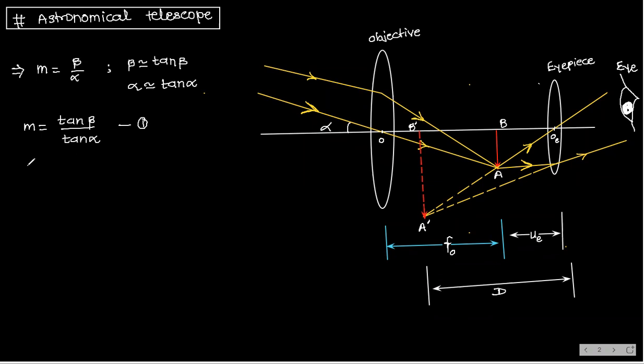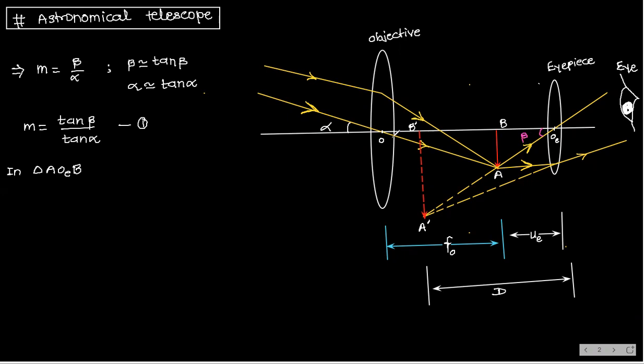So now I'm taking triangle. In the triangle A O_E B dash, because as usual this angle is how much?